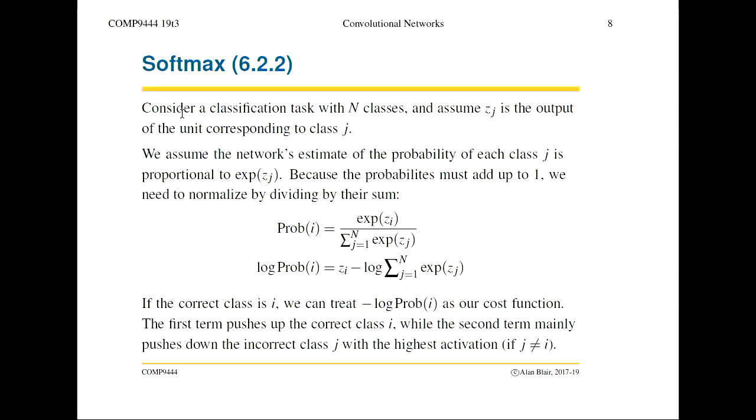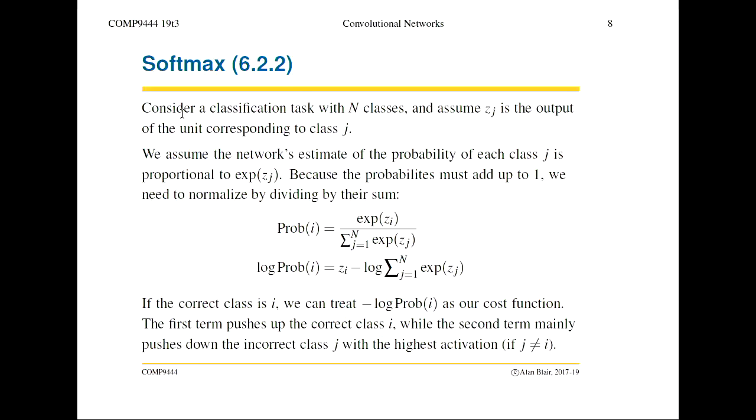And then this second term pushes down all of the others, but it preferentially pushes down the ones that have the higher activation. So if there's some other class which is wrong, but is being assigned a higher probability or nearly as high a probability as the correct class, then that's the one that will get pushed down the most, and the others will just get pushed down a little bit.